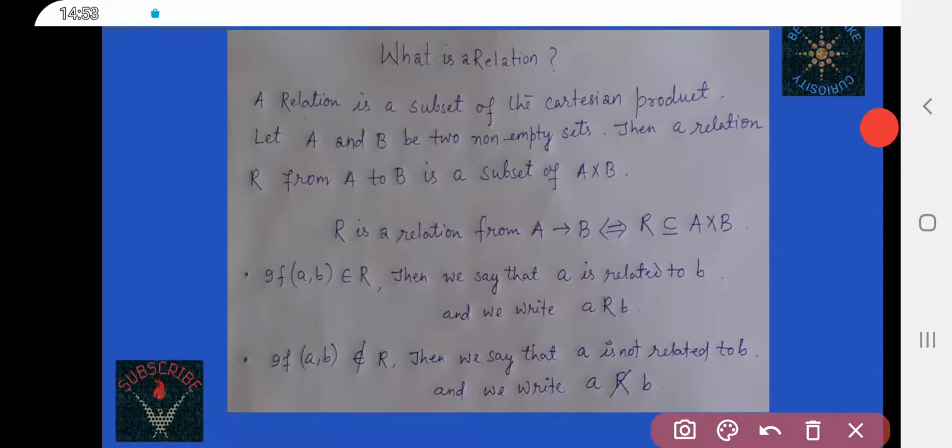First, what is a relation? A relation is a subset of Cartesian product.